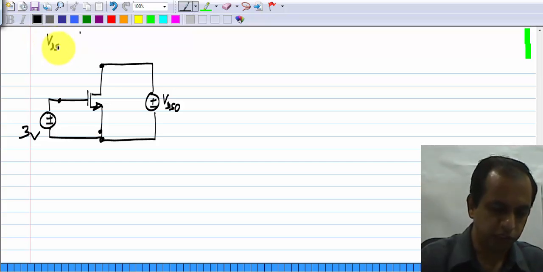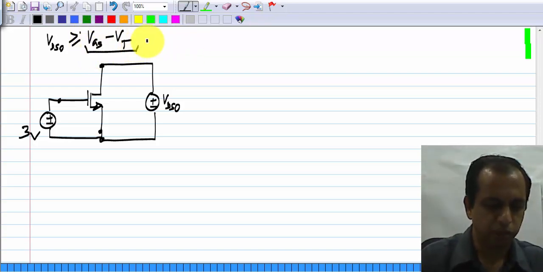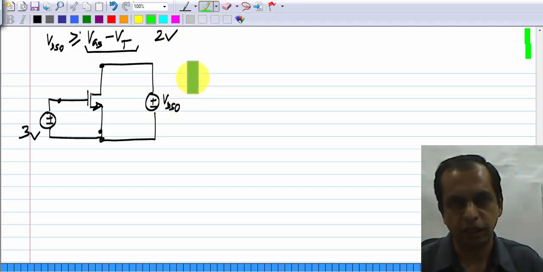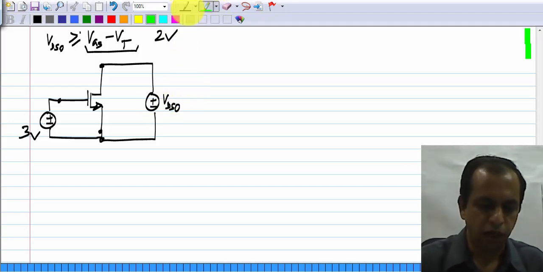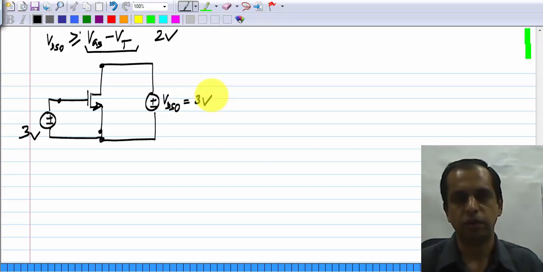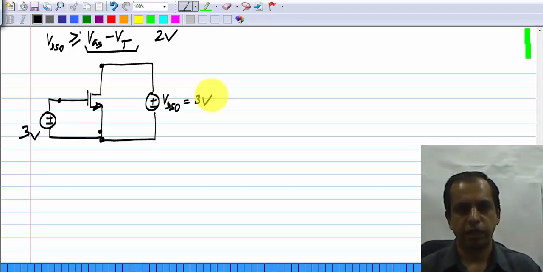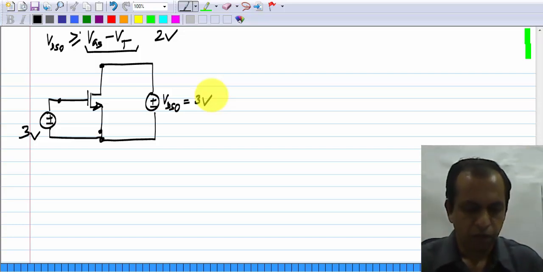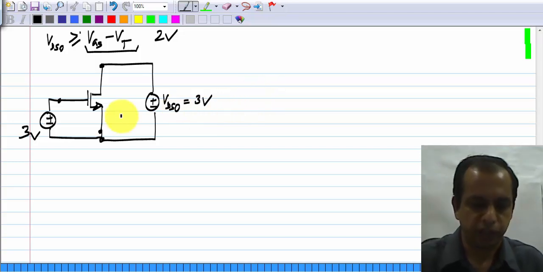So, VDS0 has to be greater than or equal to VGS minus VT, and this number is 2 volts. So, whatever this is, this has to be greater than 2 volts. And let me assume, just for the sake of illustration, that this is 3 volts also. This is an example. It can be anything more than 2 volts. We will take 3 volts. So, this sets the operating point correctly.